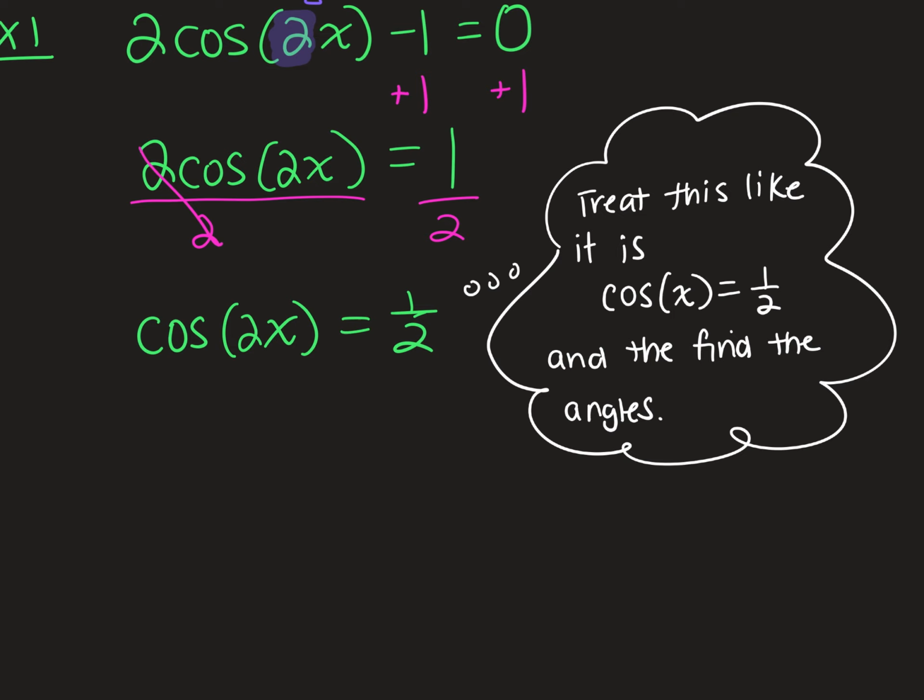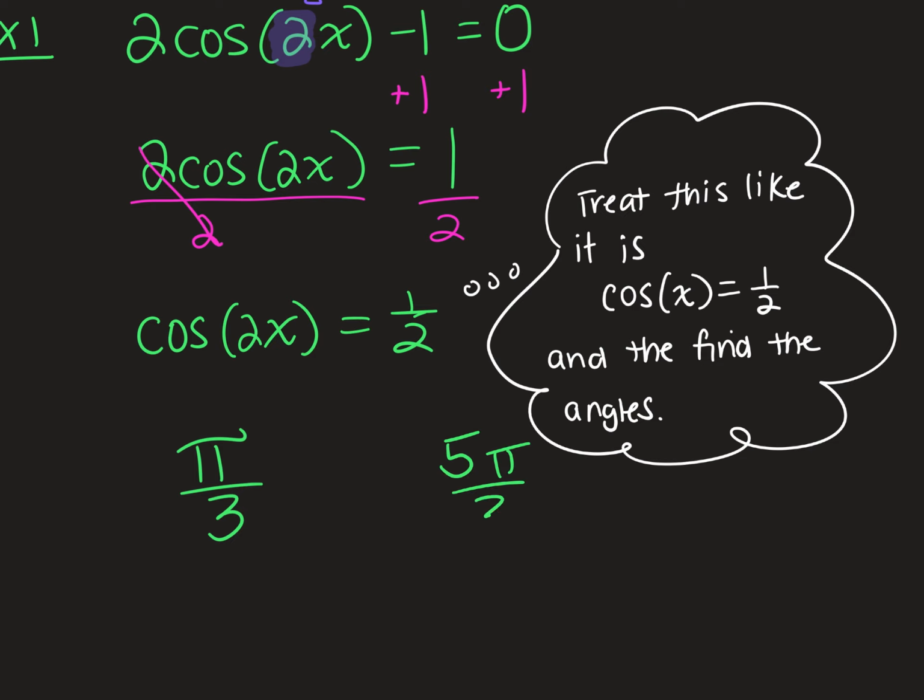We're just imagining that instead of cosine of 2x, we have cosine of x. So what would we do? Well, we would think about our unit circle: when is cosine 1/2? 60 degrees. So that's our reference angle, which is pi over 3 in radians. And what's the other one that has a positive 1/2? 5 pi over 3. Good.